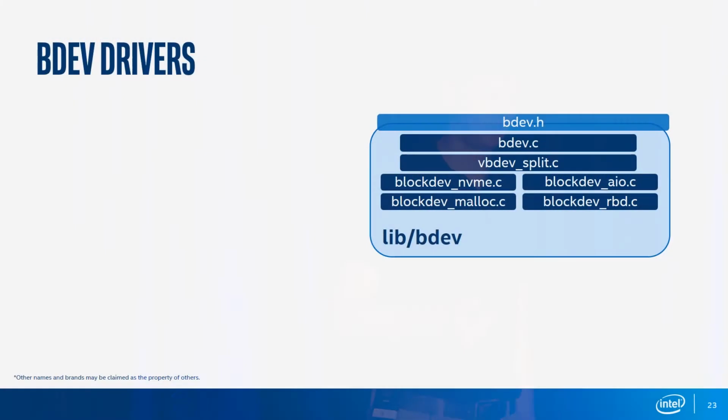So we've got a few different BDEV drivers. The big one is NVMe. You can access local PCIe-based NVMe devices, and you can access remote NVMe devices over NVMe over Fabrics through the block dev layer. You can access malloc devices, which is our test RAM disk block dev.